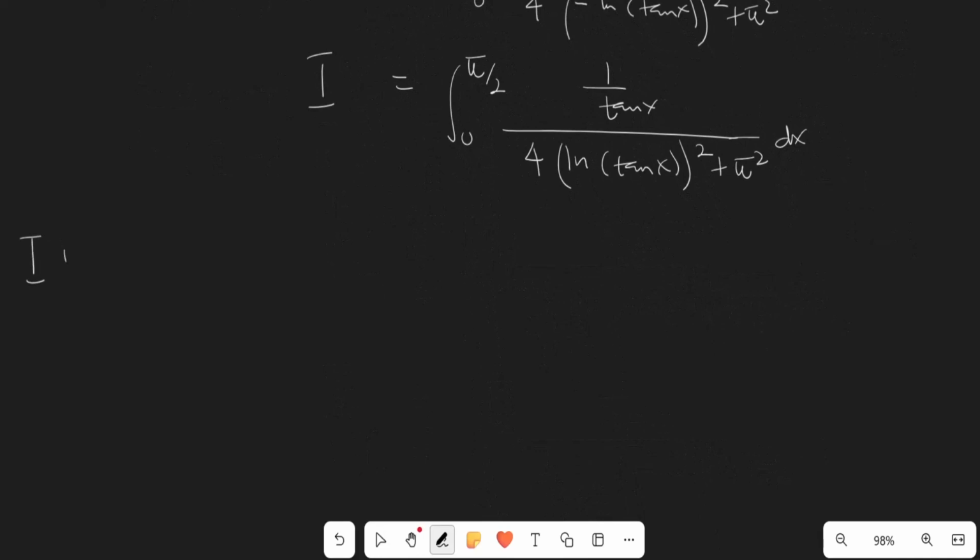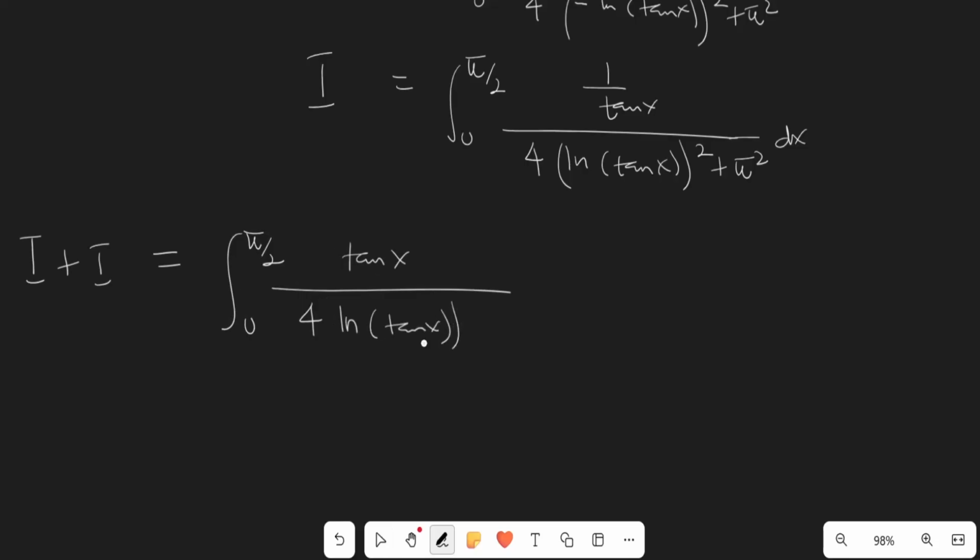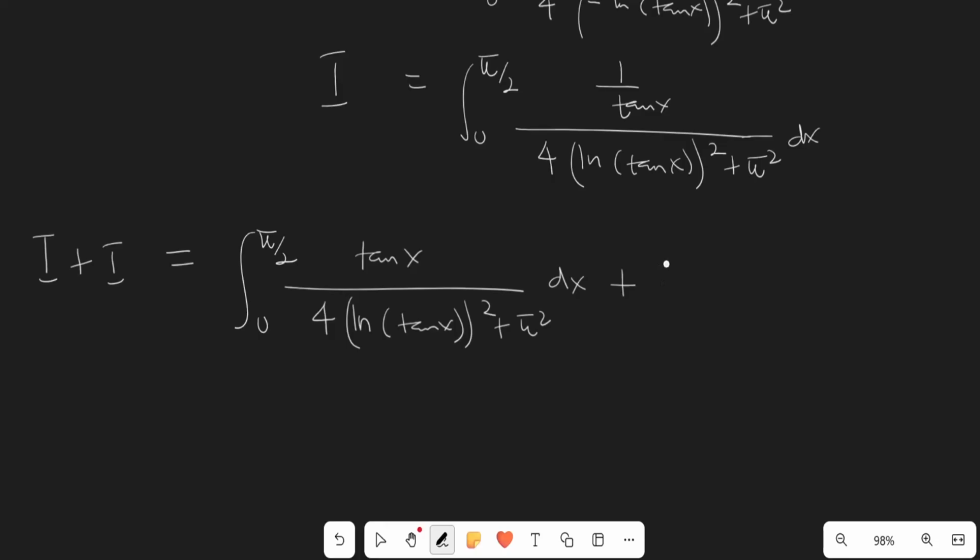So we can do I plus I now. Our original I is the integral from 0 to pi over 2 of tan of x divided by 4 natural logarithm of tan of x, all this squared plus pi squared dx. Our I transformed by the King's property is the integral from 0 to pi over 2 of 1 over tan of x divided by 4 natural logarithm of tan of x, all squared plus pi squared dx.